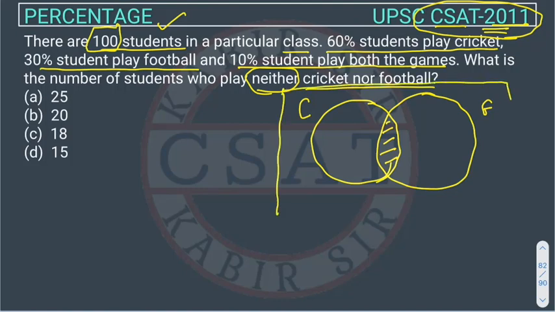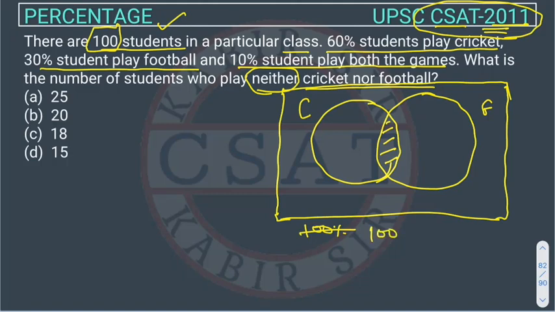So there may be candidates who are not playing any games. Through the Venn diagram, this rectangle will represent 100, since they have given that there are 100 students.